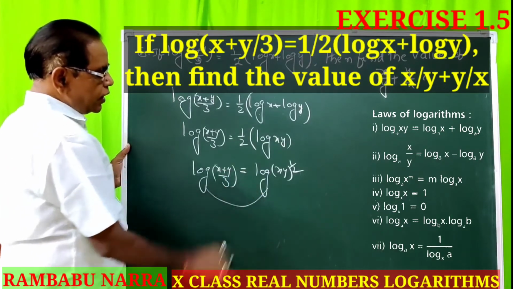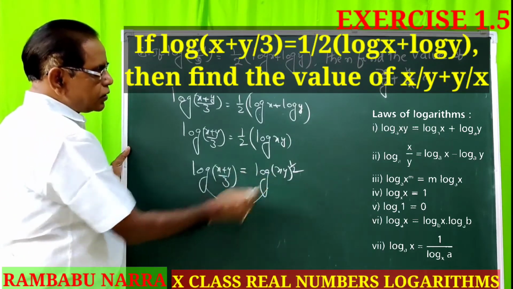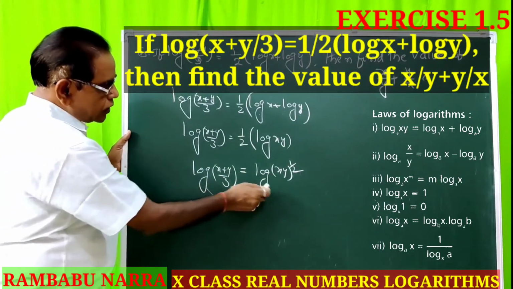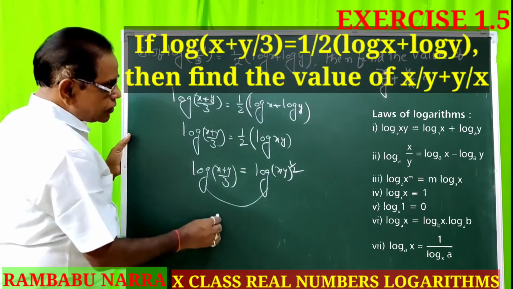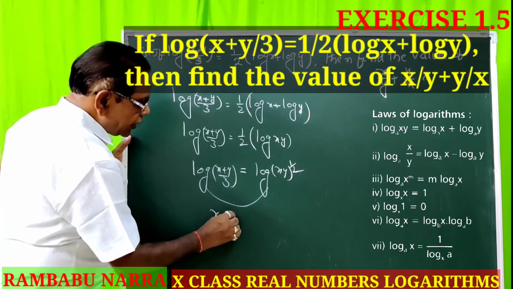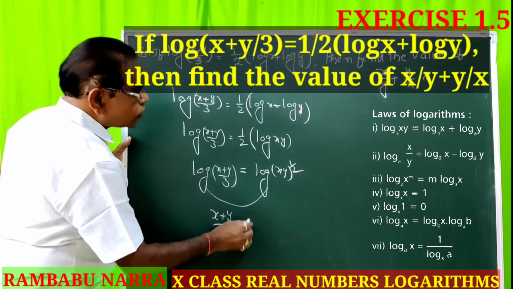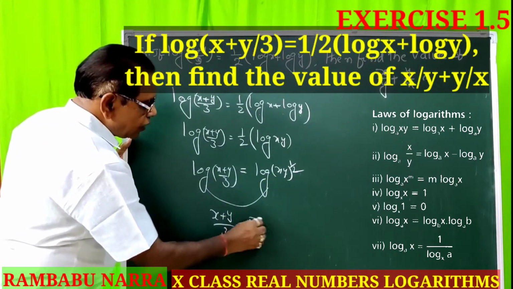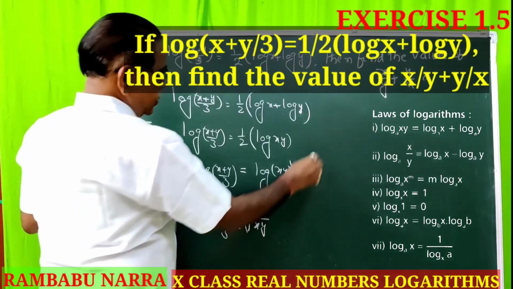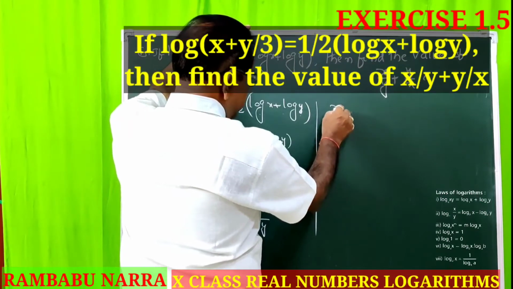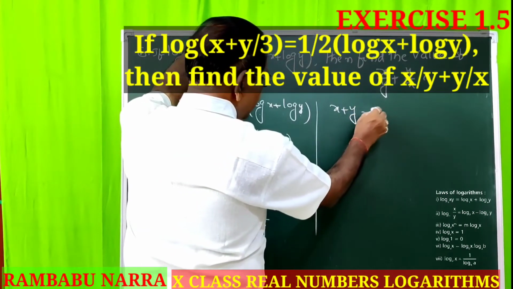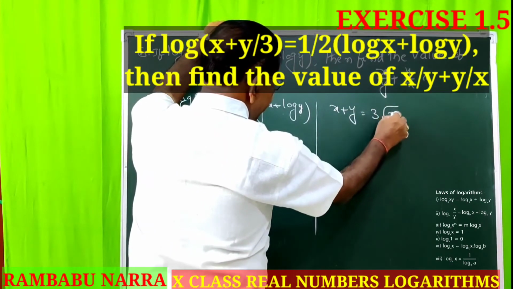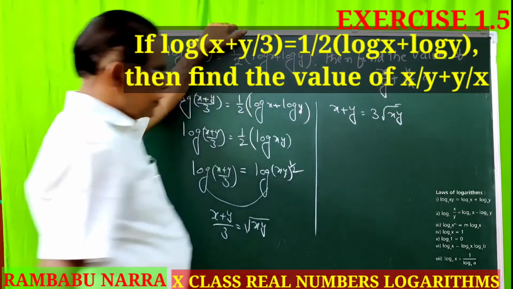Both sides are single logarithms, so the values are equal. Therefore x plus y by 3 equals root xy. Next, x plus y equals 3 root xy.